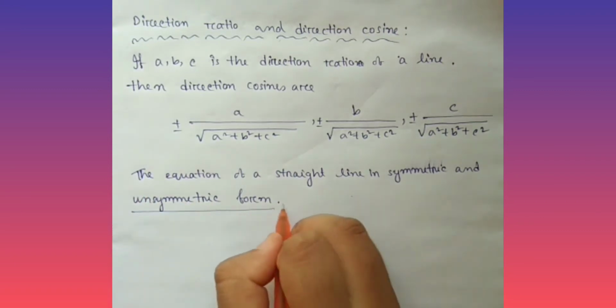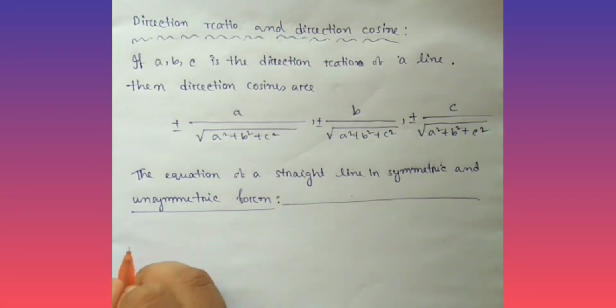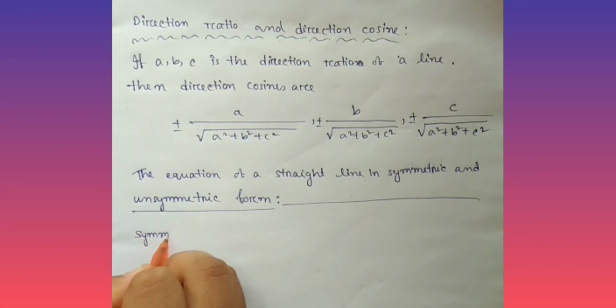We can find the equation of a straight line in two forms. One is symmetric and the other is unsymmetric form.